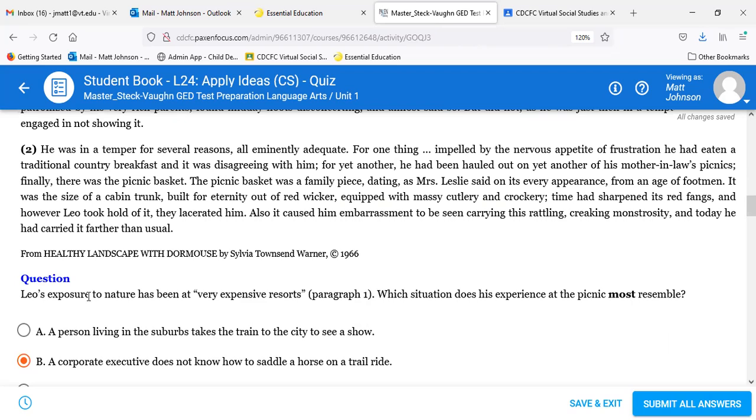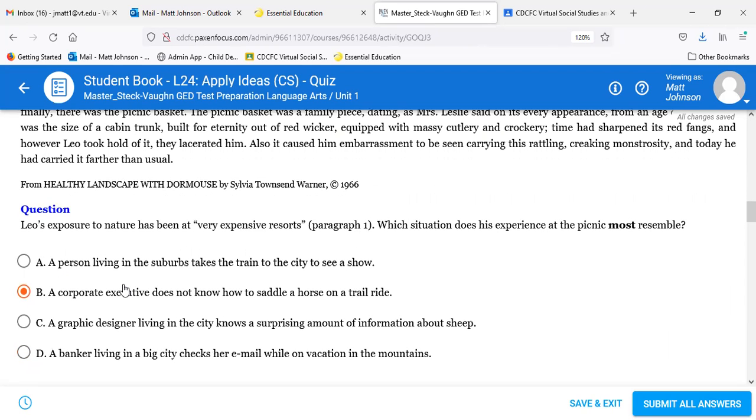And that is similar to a corporate executive, somebody high up in a corporation, like on a board, who doesn't know how to saddle a horse on a trail ride. Something more rural, more country, they might be out of place on a horse. So that's the connection they're making.